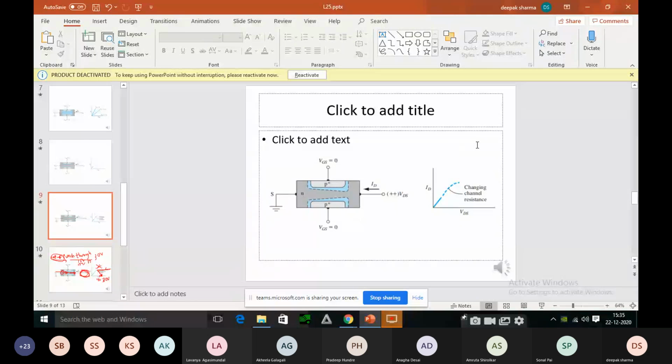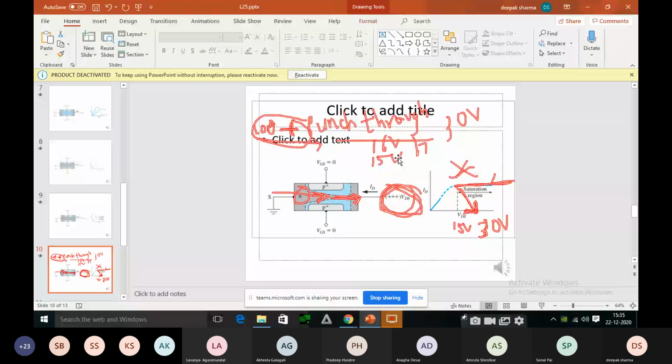So when V equals I into R, when R changes, the I will also change. Here R is increasing because the width is decreasing, so when R increases, the current will decrease. Decrease in the sense that it is not increasing up to the mark. So only this point you have to explain here.